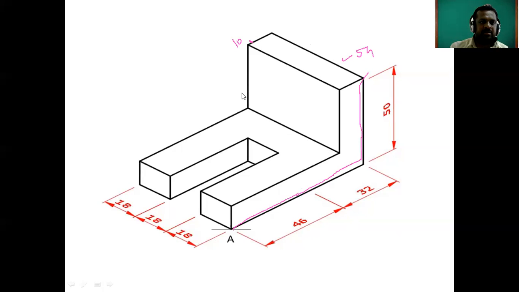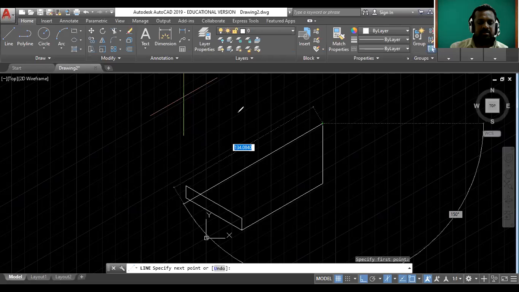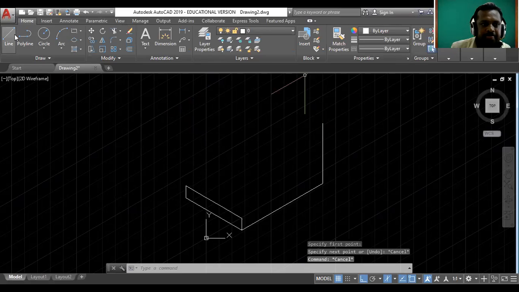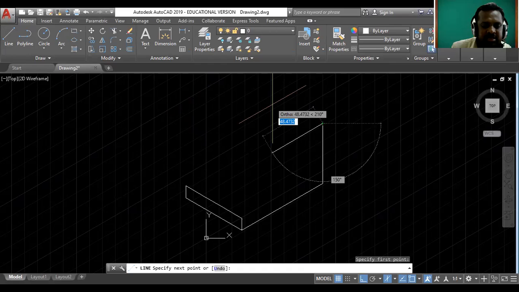Okay, take the line again from this point. Again it is not changing the plane, so press the F5. See here, it is not changing the plane.